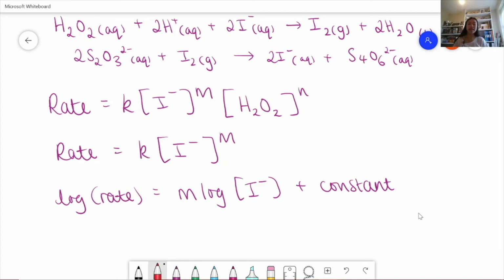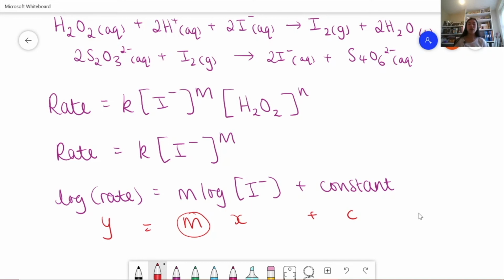So if we say this is y, and then we have mx plus c, that means that we're plotting a graph of log rate over log of the concentration of I-. And so this m here will be the gradient, and this will also give us what the order with respect to I- ions is.